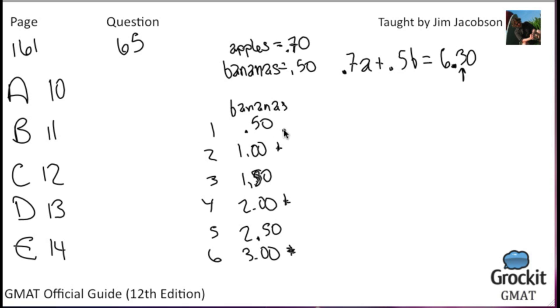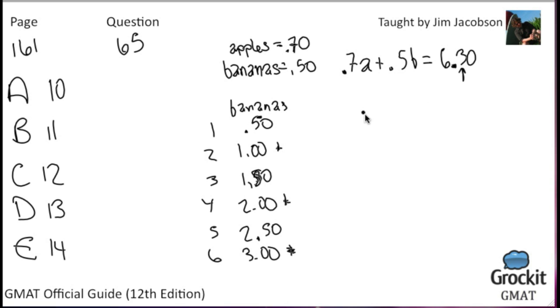So really what we're after is what multiple of 7, plus an odd multiple of bananas, something that ends in a 5, is going to give us a digit that ends in 3.